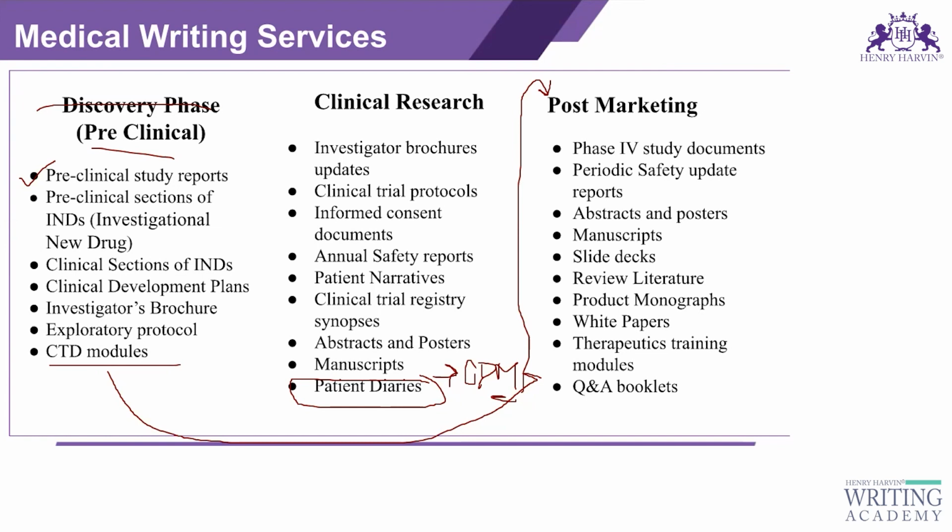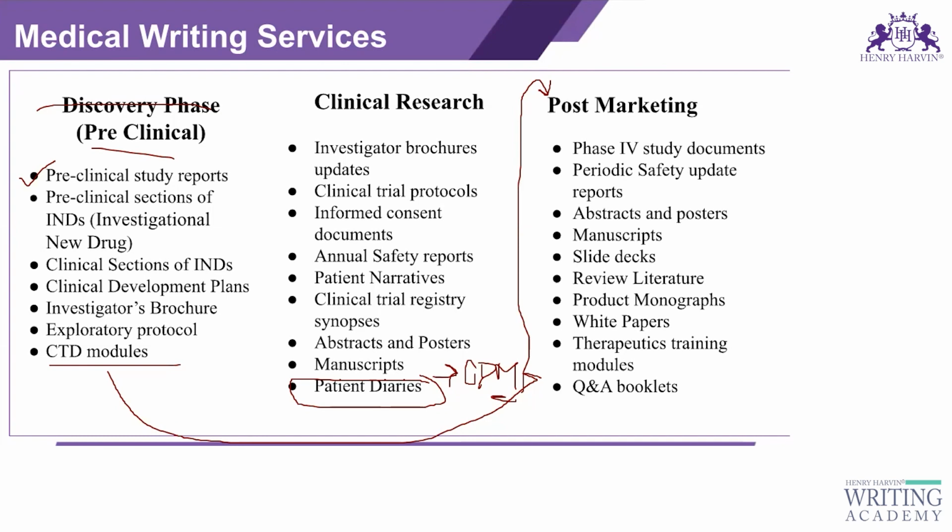So the PSUR is submitted to the regulatory authority so that they can come to know the marketing experience of the drug, whether the drug does not have any serious adverse effect or any life-threatening adverse effect, which otherwise would require recalling the product or stopping the marketing of the product. So how the drug is behaving, what is the status of the drug in the market in that particular time period. For that, the periodic safety update report or PBRER is submitted.